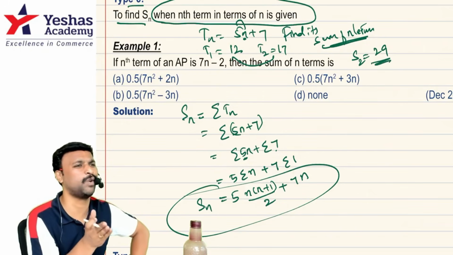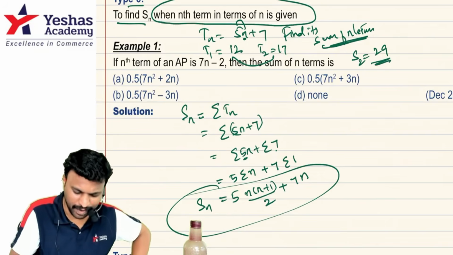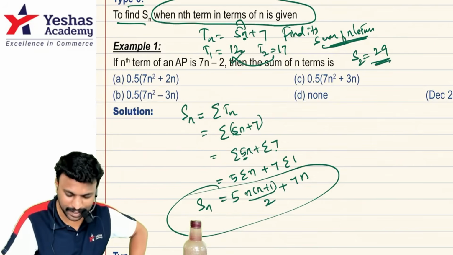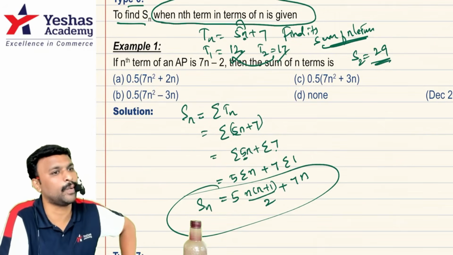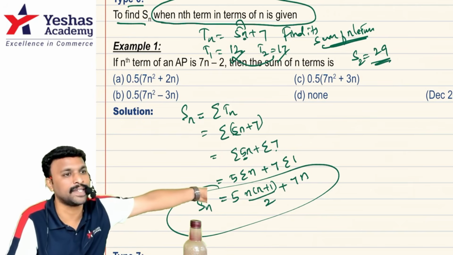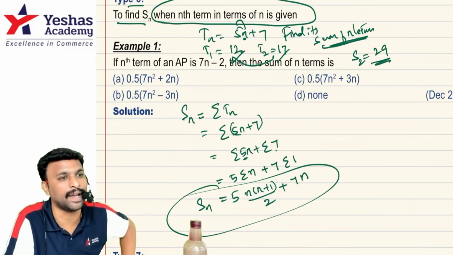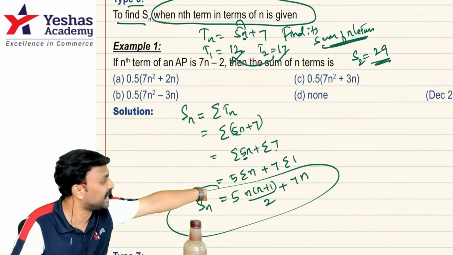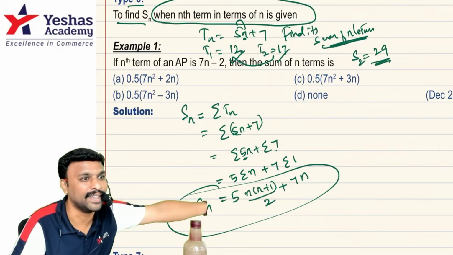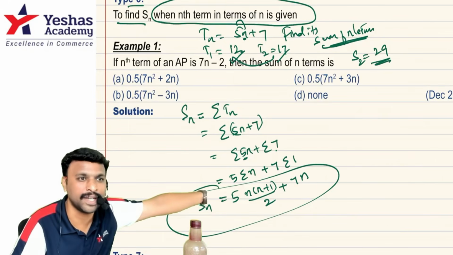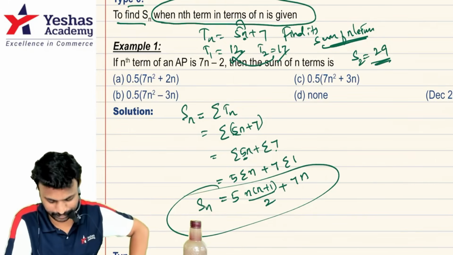S2 means the sum of first two terms. First term is 12, second term is 17. The sum is 29. In the Sn equation, if I put n equal to 2, I should get 29. If this Sn of mine is correct, then I should get 29. Check. Put n equal to 2 here.